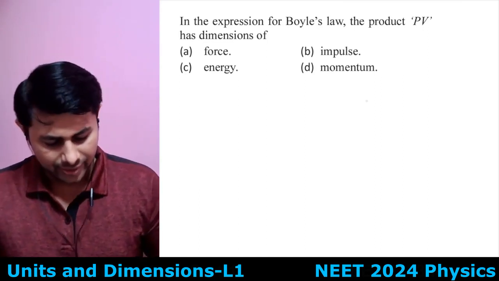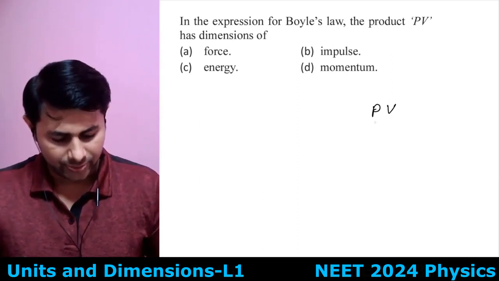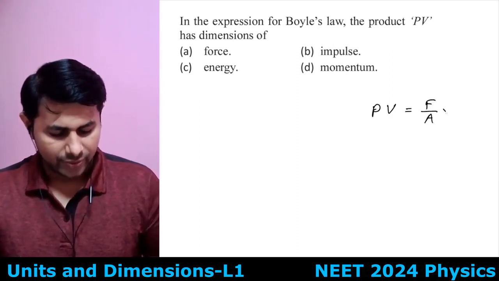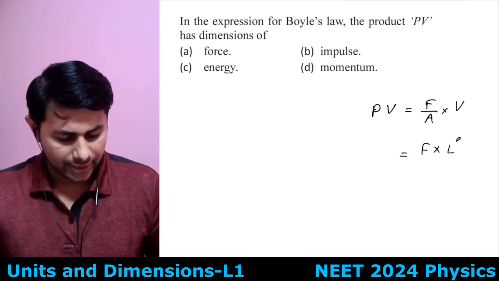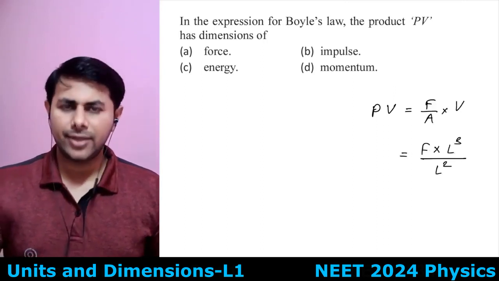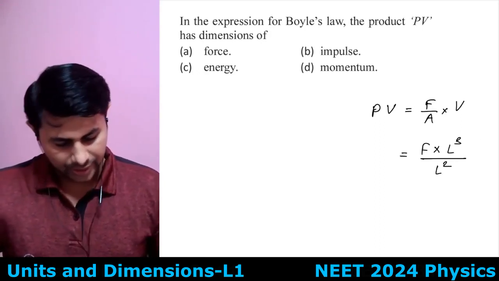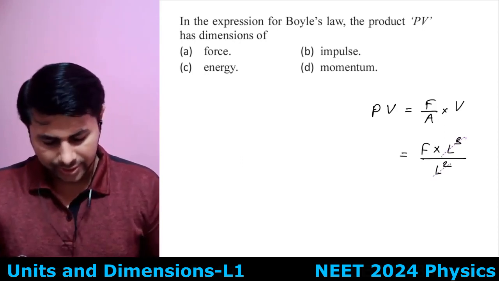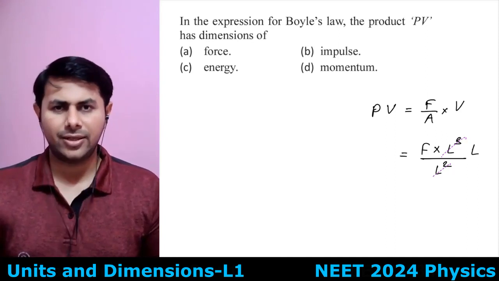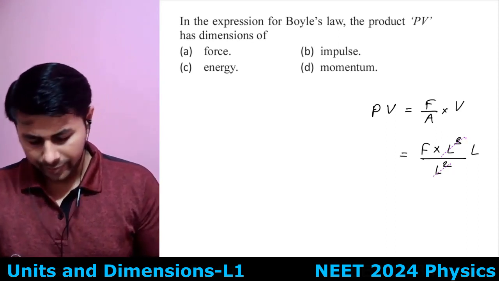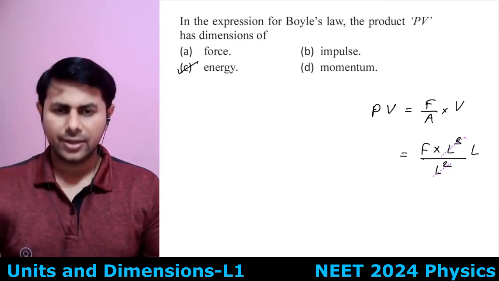Pressure multiplied by volume. Pressure is force upon area, volume is volume. So the dimensions are force L^3 divided by L^2. Let's cancel this out. We'll have L in the numerator. So it is force multiplied by length, that is force multiplied by displacement, you can say. So it is work, which has the same dimensions as energy. So this is the answer.